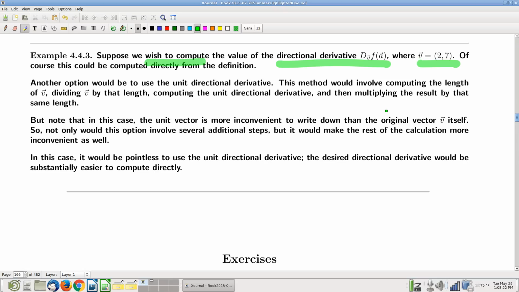Plan A could be, take the (2, 7) and play the game. Do your thing. And notice your coordinates are integers. It's nice. The alternative calculation, instead of computing directly, if instead you computed the magnitude of v and multiplied that by the unit directional derivative using the unit vector.